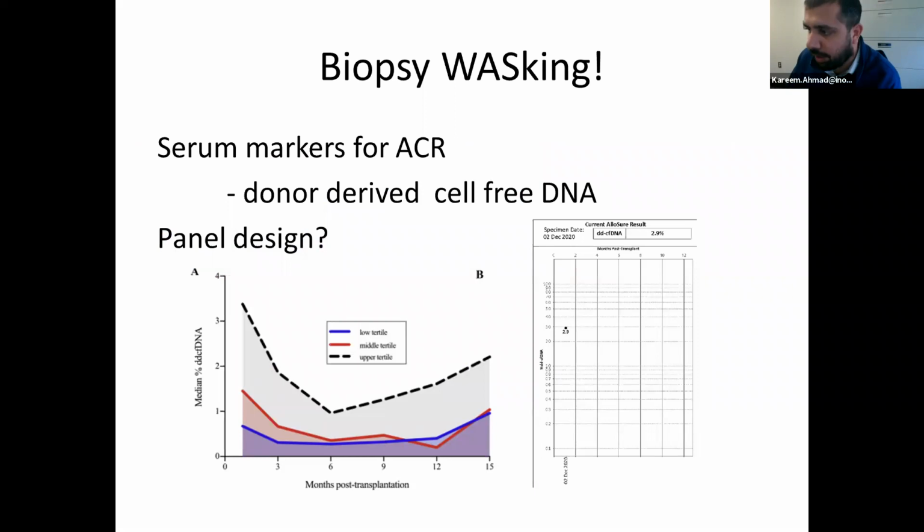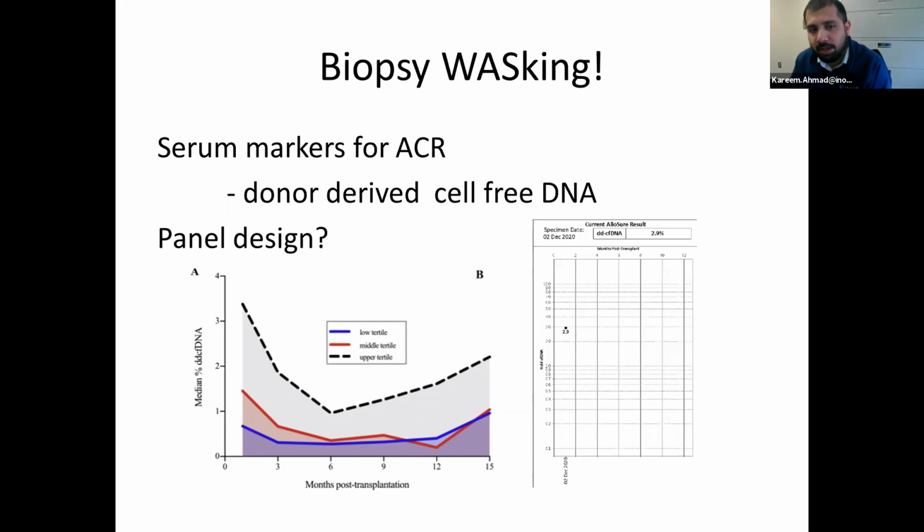So I just showed you guys a biopsy, and this goes into the future aspects of what lung allograft monitoring looks like. This is one of the newer exciting technologies, which has become commercially available for kidney transplant and heart transplant, and is working its way into the lung transplant world.